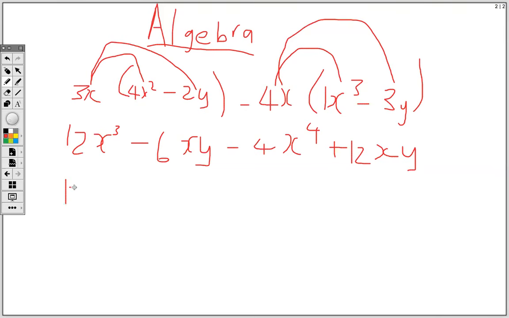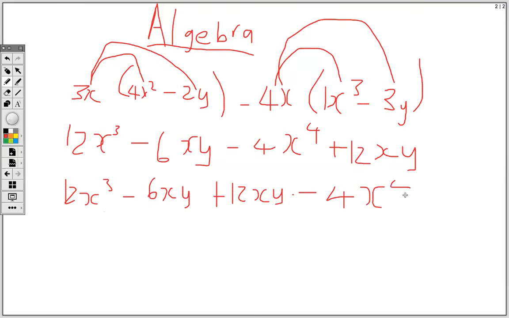So what I'll write is a 12x cubed. And then I have minus 6xy plus 12xy minus 4x to the fourth. Then we have 12x cubed.